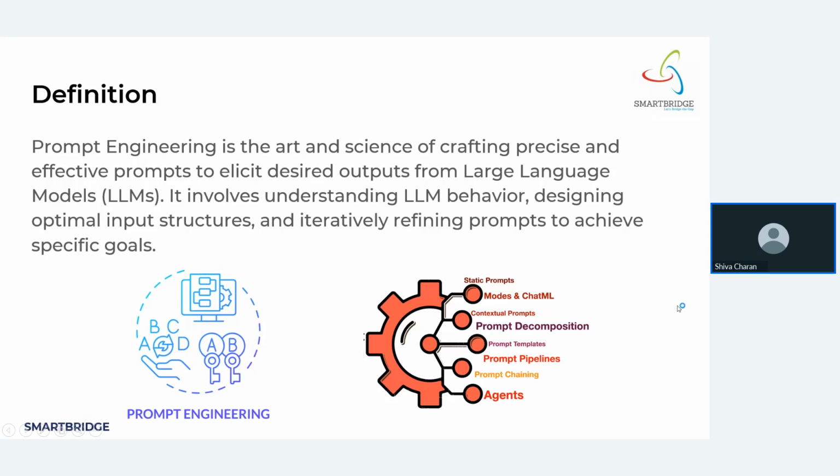So definition. What it is saying: prompt engineering is the art and science of crafting precise and effective prompts to elicit desired outputs from large language models. To get the desired outputs from the large language models, prompt engineering is the art of crafting.